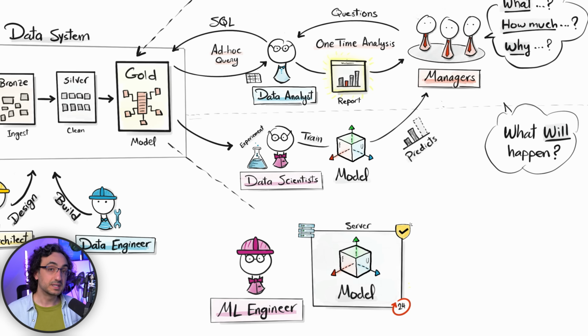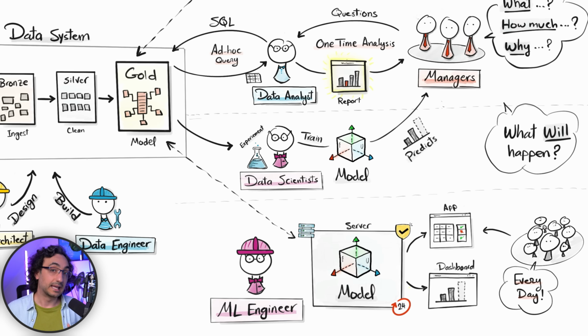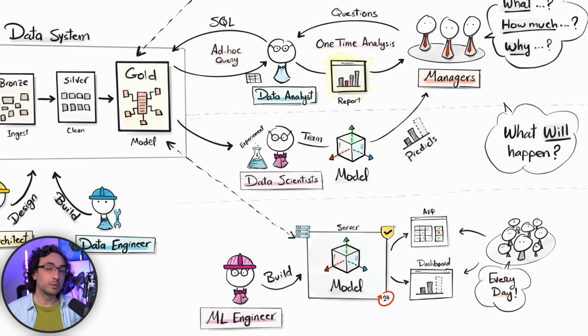And the result of this model could be presented in an application to show the predictions to everyone, or sometimes they show it in dashboards and reports. So their job is to make the result of this model available in many services in the company and accessible by other users, built by the ML engineer. And with that, everyone from the managers to teams across the company benefits from advanced predictions every day and anytime.